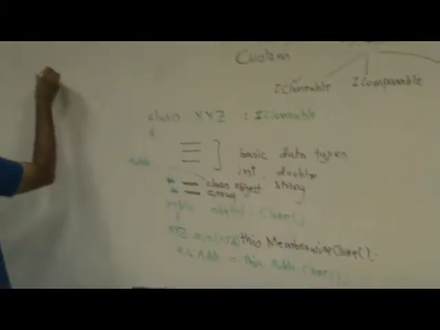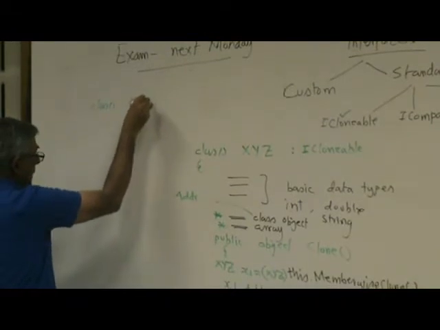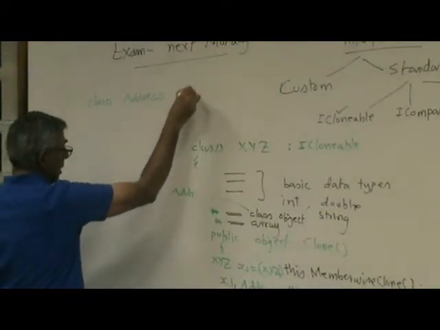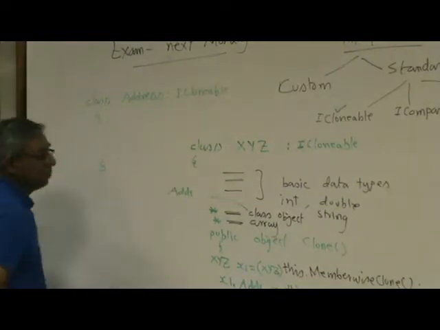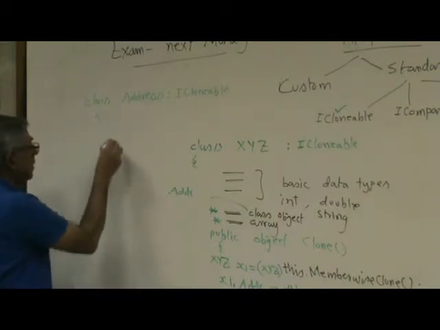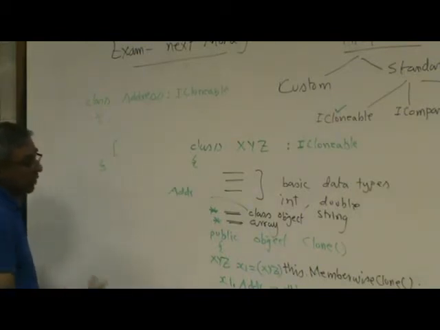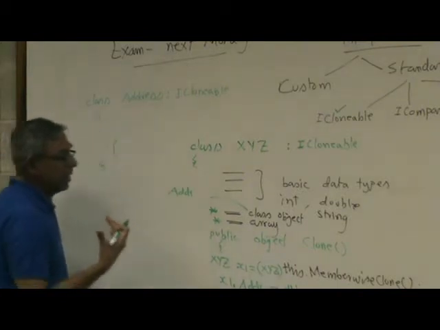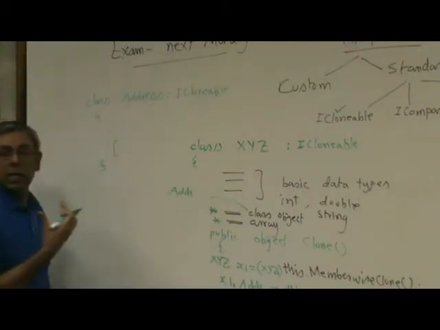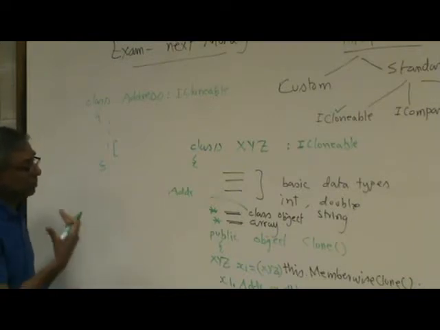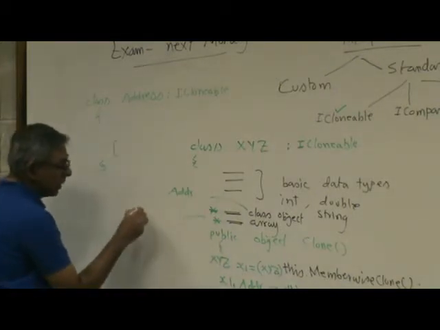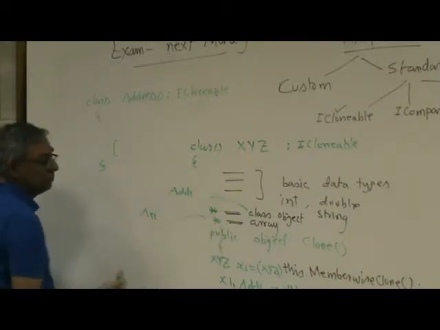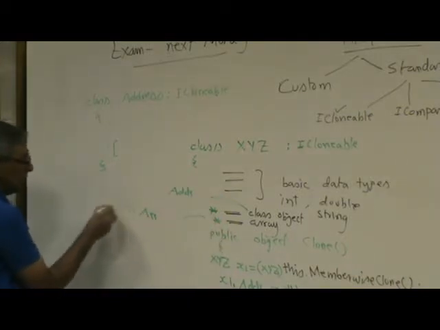So what does that mean? If this was a class called Address, somebody has to implement IClonable on it. So if you created it, you will implement IClonable on it, right? Further, you'll define the same clone over here. If it's an array or a list, or any other .NET library class, .NET library already implements IClonable for most of its classes. So for example, let's say ARR is the name of the field over here, and suppose it's an array of doubles.